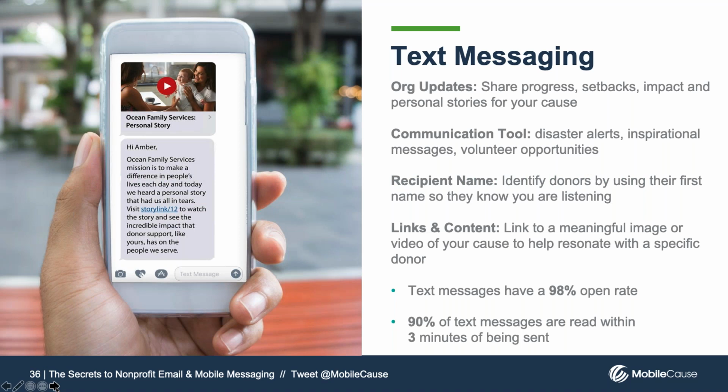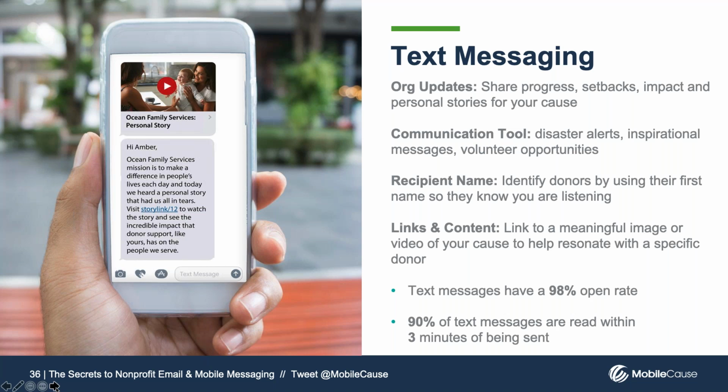So with your text message, you can do a variety of things. This is a great way for you to send organizational updates. This is part of your storytelling. Share your progress, your setbacks, the impact your organization is having in your community. And of course, one of the most compelling things, personal stories about your organization and about your mission.